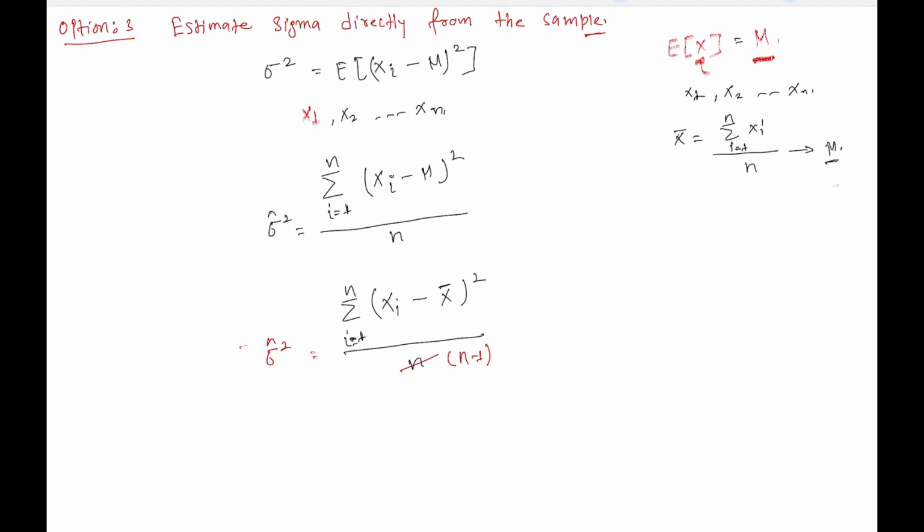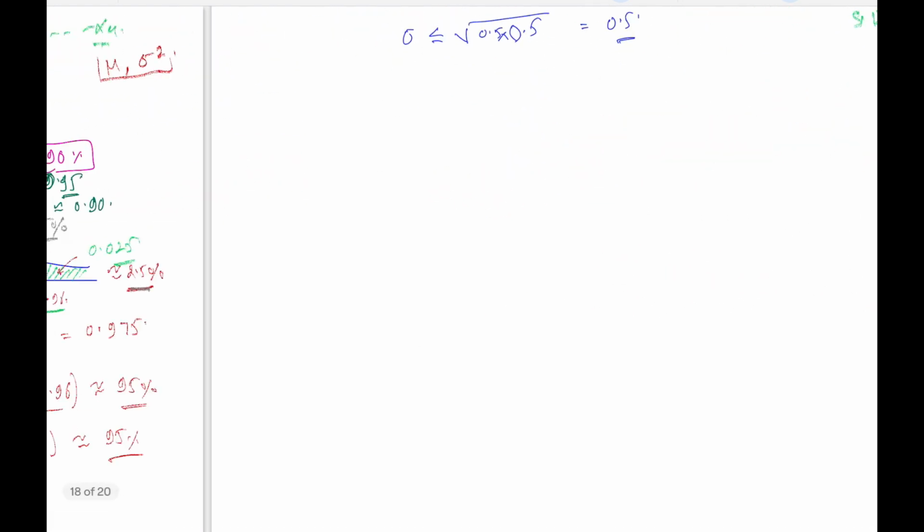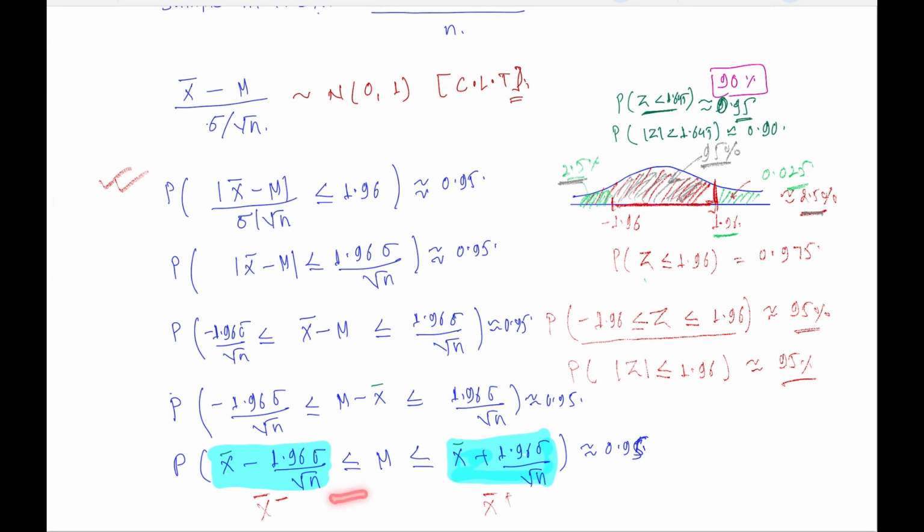Now the important point is that this estimated sigma depends upon the sample, right? So if we use this estimated sigma to calculate the confidence interval, we are introducing more randomness, right?